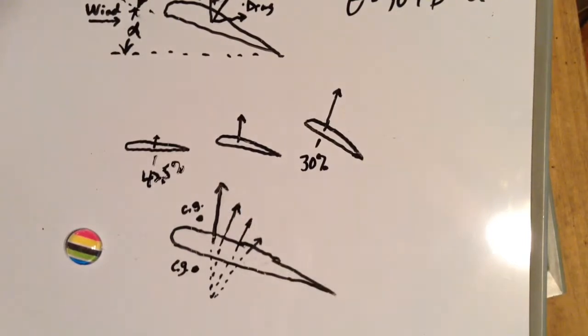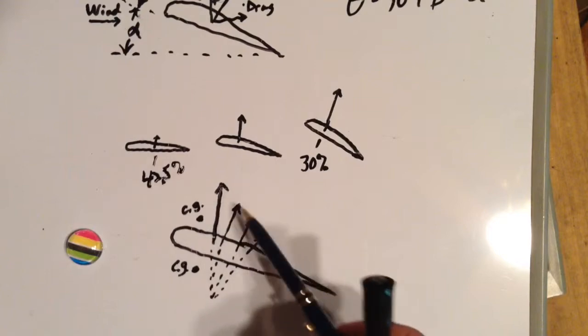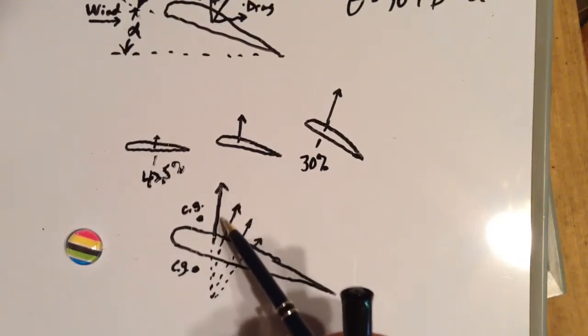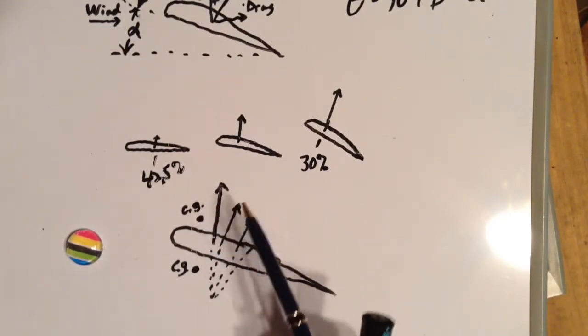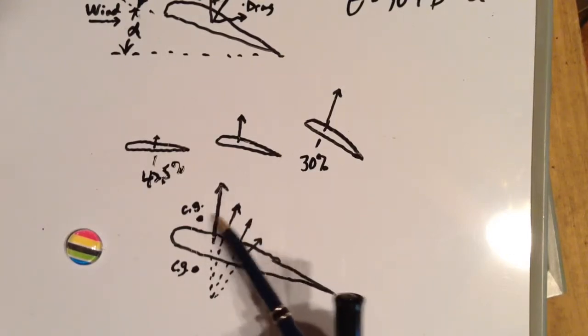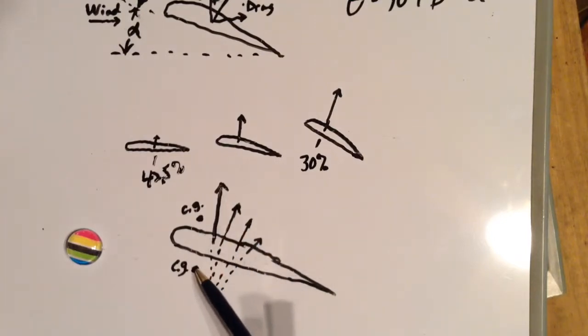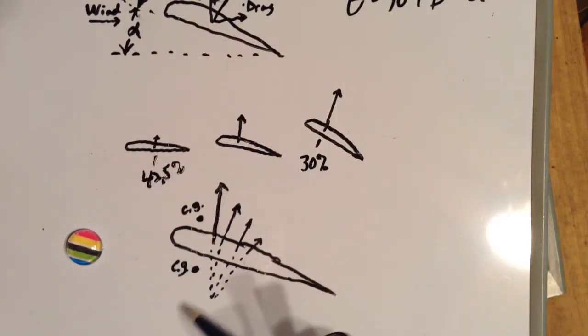So as you can see, if you have a low wing airplane, here's your wing, and the pilot and the engine and all the heavy things are up above the wing. The center of gravity is up above the wing. You can see that this vector starts to sneak up on the center of gravity more so than it would on the center of gravity of a high wing airplane, where the pilot and the engine and all are down here.